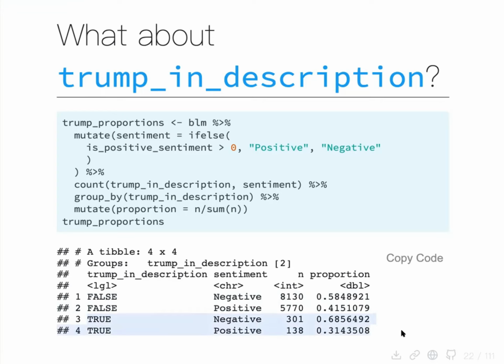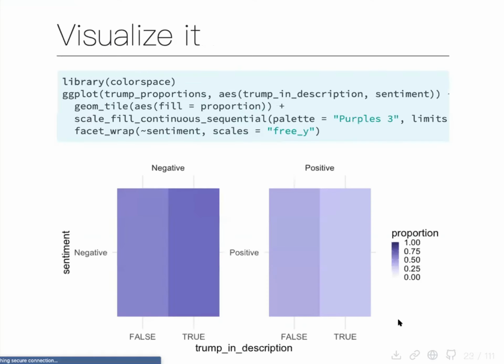Okay, so I'm looking sort of within those groupings. And you can see when Trump is not in the description, right, about 58% of the time the tweets are negative. When Trump is in the description, we have now 68% of the time the tweets are negative. Okay, so that's giving us some indication that this variable might actually have some information about that.